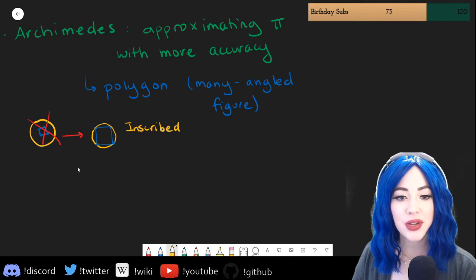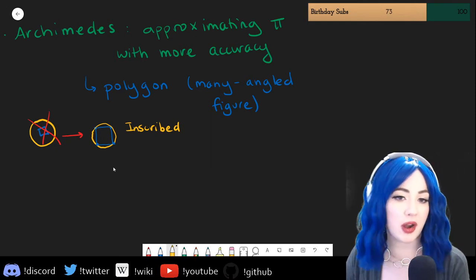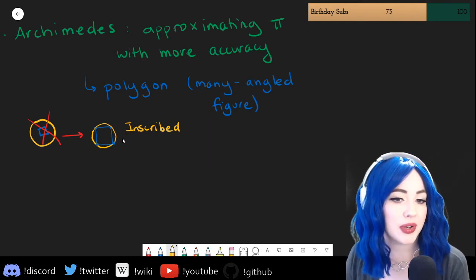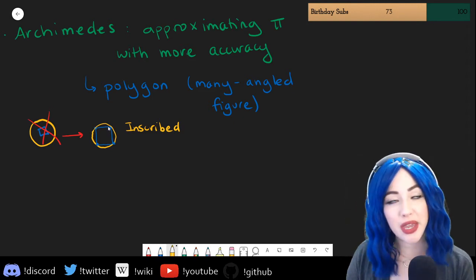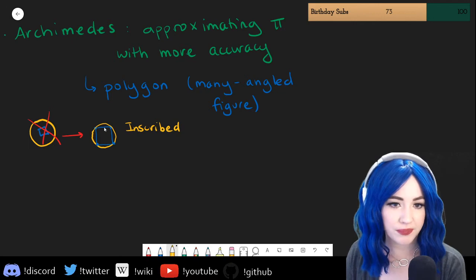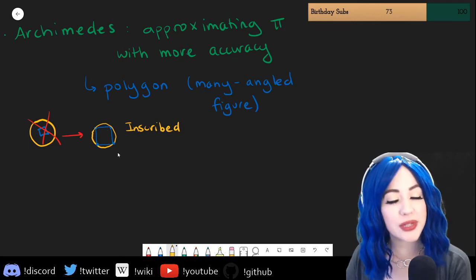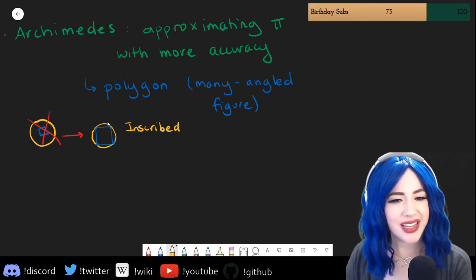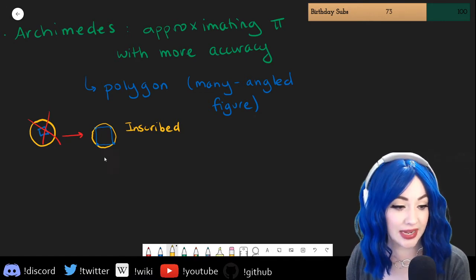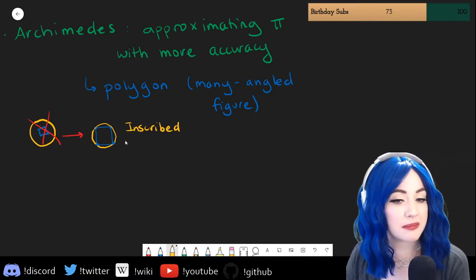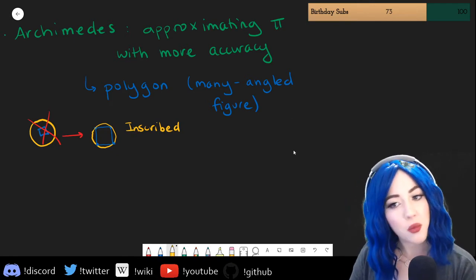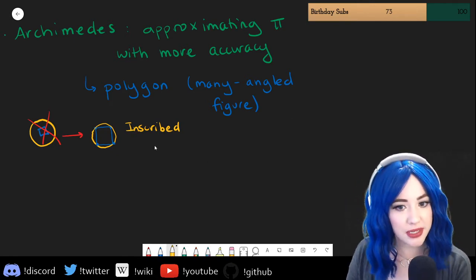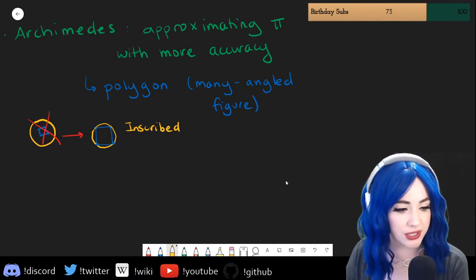Okay, so the difference being, this was even before Archimedes. This is how mathematicians knew to estimate the circumference of a circle. But Archimedes came up with a really cool method for taking this idea, iterating on it, and having a more accurate approximation of pi. So first I'm going to walk you through some of the setup here on the whiteboard so I can draw some pictures and stuff.